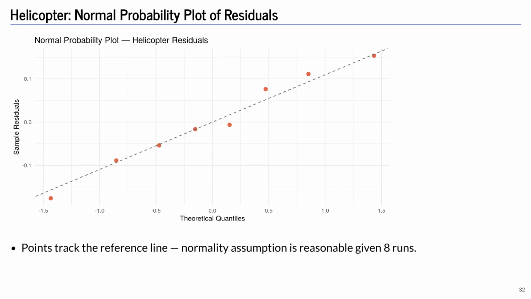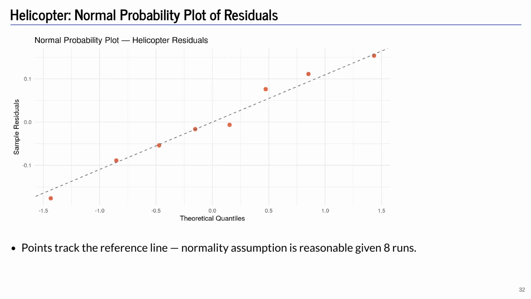The normal probability plot for the helicopter residuals shows 8 points following the diagonal reference line without a pronounced S-curve or heavy tail departure. 8 points make a very sparse normal plot. You simply cannot detect subtle departures from normality with this few observations.